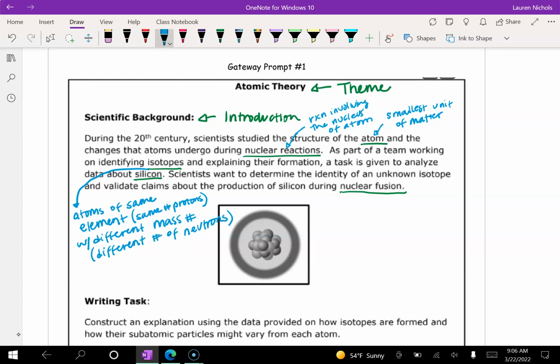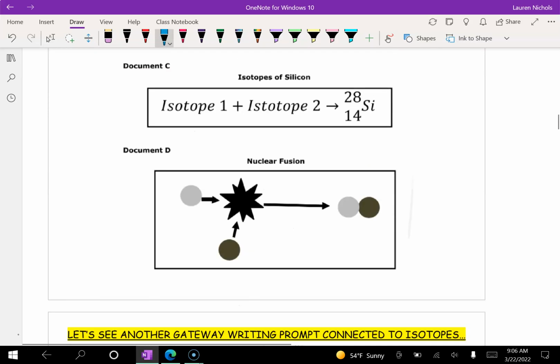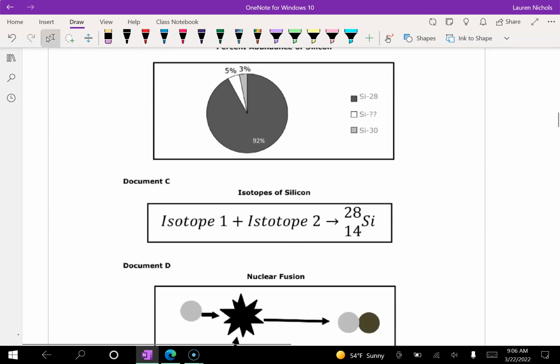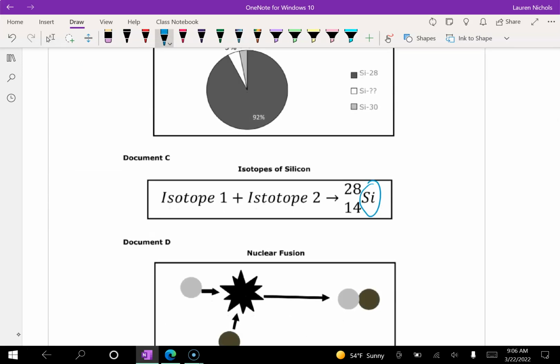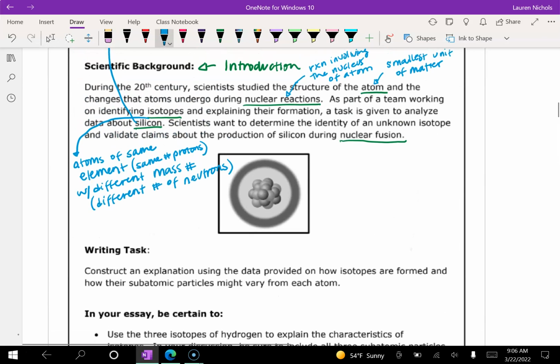So we can use that. Now, we know that silicon on our periodic table is Si, and I assume that they're going to give us a periodic table. It appears they don't, but they do give us the symbol here, and they give us some other information in the documents that we'll look at momentarily.